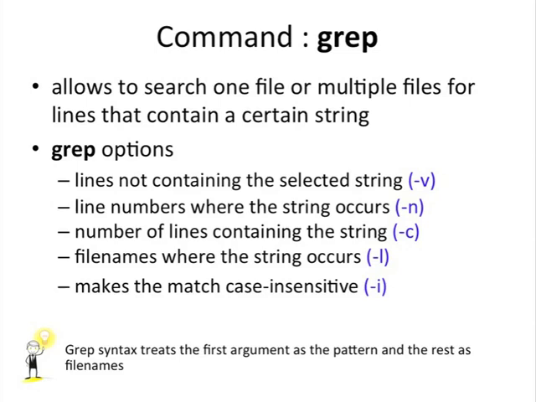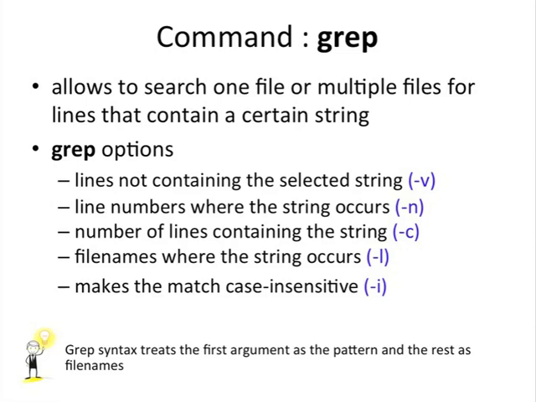Also, maybe you want to know the line number, not only the line itself where apple occurs, but the line number as well. Okay, use -n. If you just want to know how many lines contain the word apple, use -c. Also, you don't necessarily need to search a single file; you can search many files.